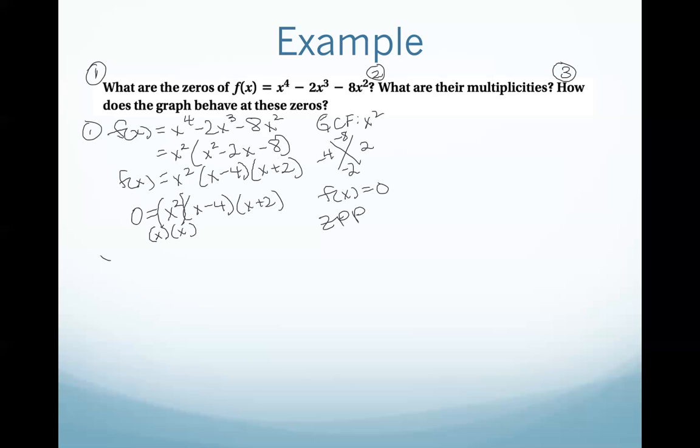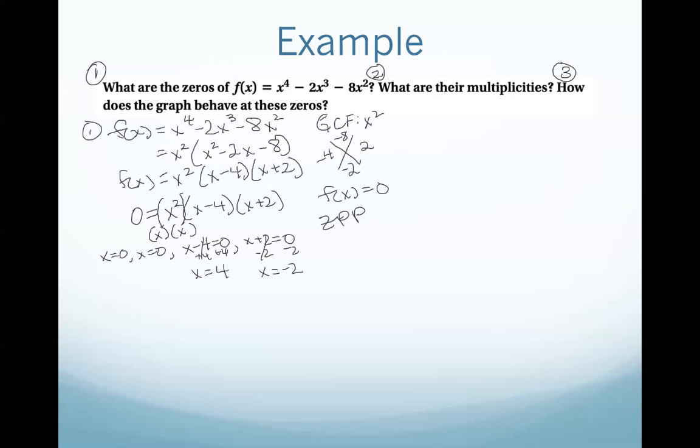So we're going to set x equals 0, x equals 0, x minus 4 equals 0, x plus 2 equals 0. X is already solved here. X is 0, x is 0. And then I have to add 4 to both sides. X is 4. Minus 2, x is negative 2.